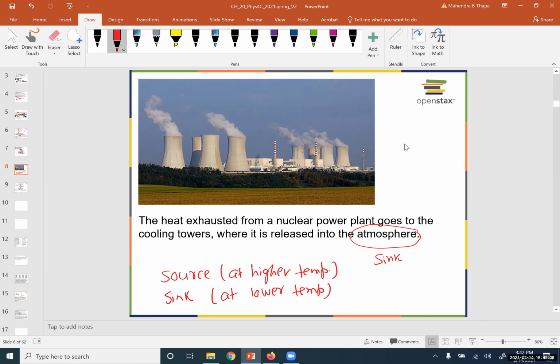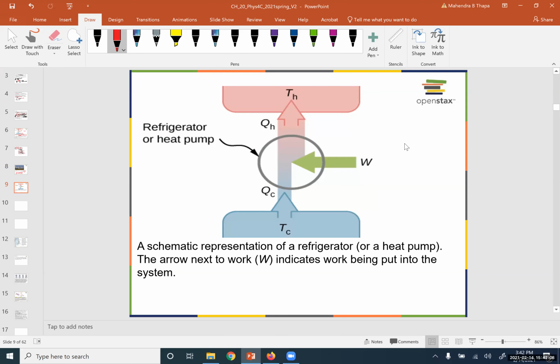So let's talk about the heat pump. The heat pump is also called the refrigerator. What is the difference between heat engine and heat pump?